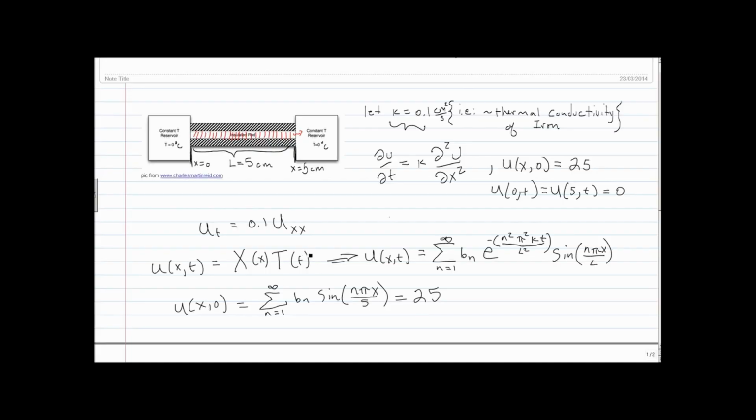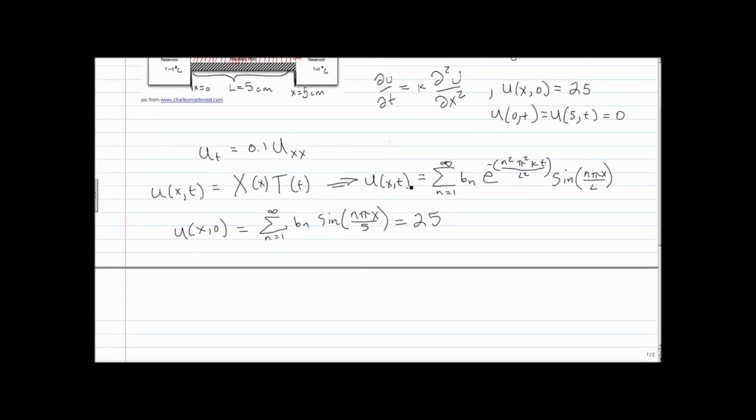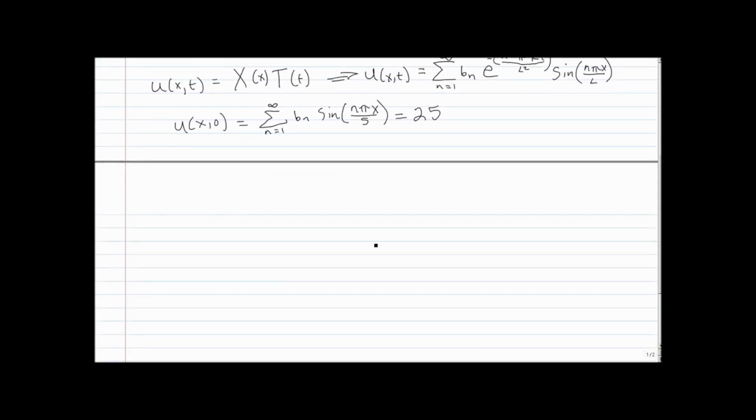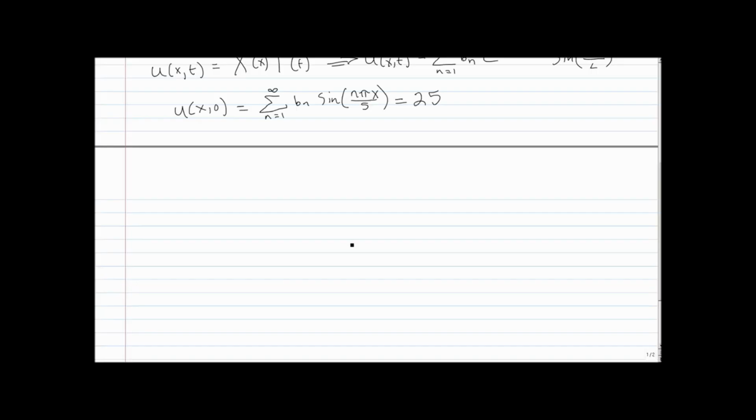So now, in order to solve this problem, and to find values for b of n, we need to find the Fourier Sine Series of 25. Okay, so how do we do that? So first, I think what they call it is you have to make this periodic.